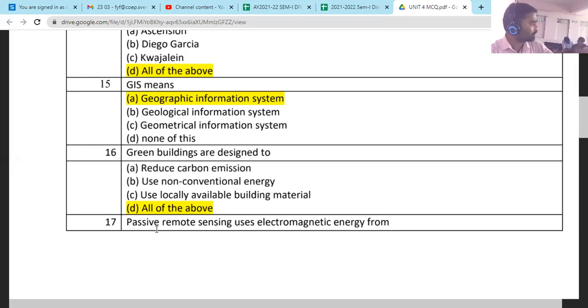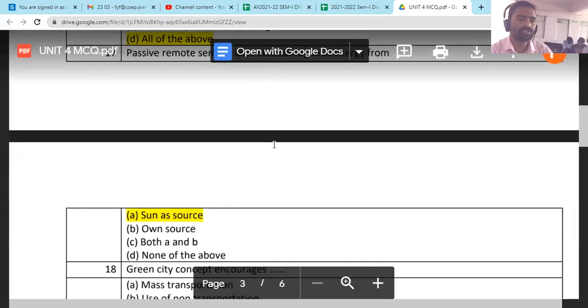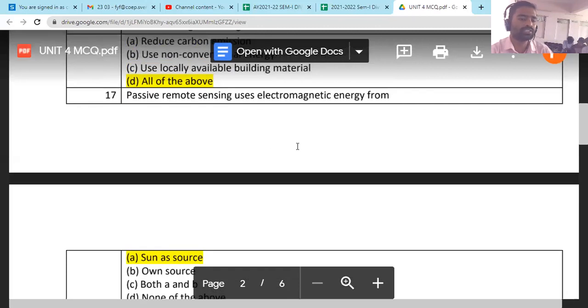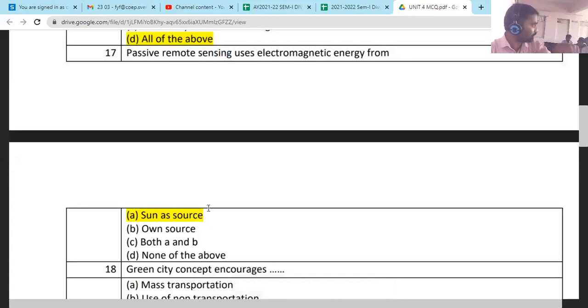But in case of passive, sunlight is used. Passive remote sensing uses electromagnetic energy from the sun as a source. In active, the satellite itself, its own source.